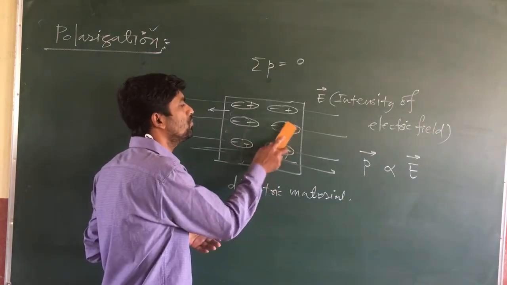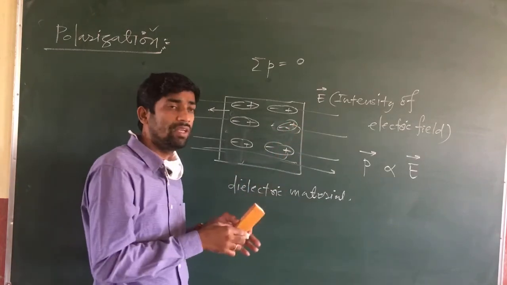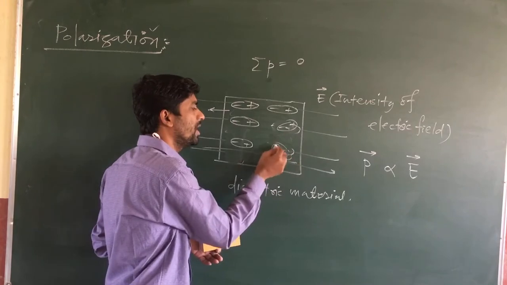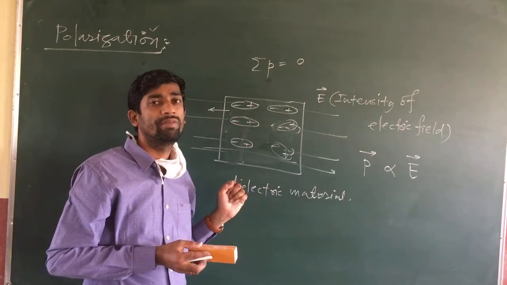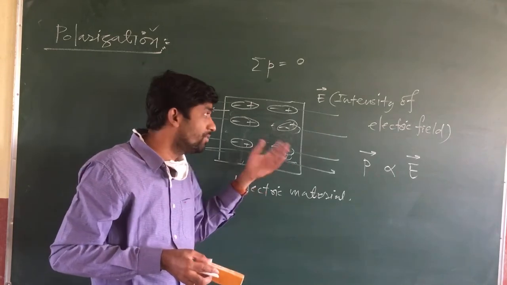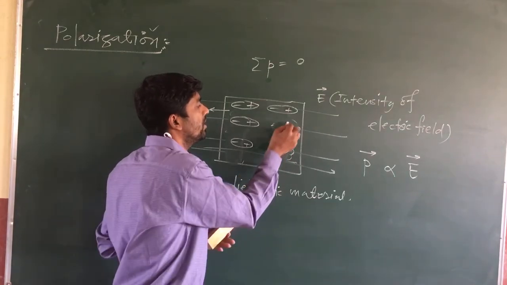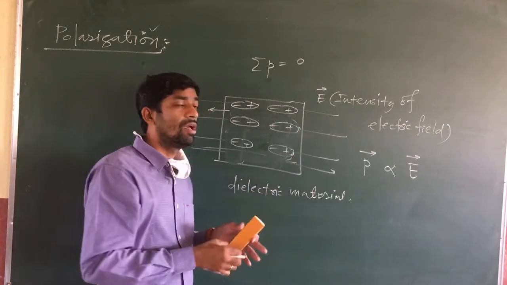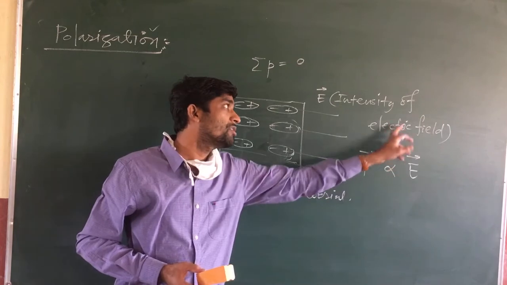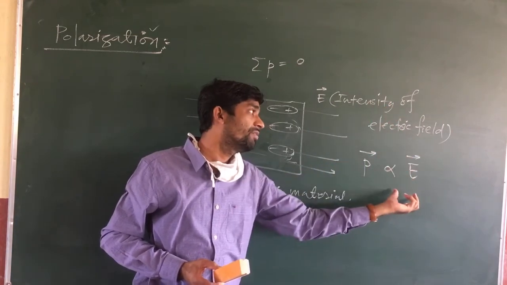Some molecules will not get oriented in the direction of the electric field, so all molecules are not oriented. If you apply the electric field again, then these two molecules will also get oriented in the direction of the electric field. So polarization depends upon the intensity of the external electric field.